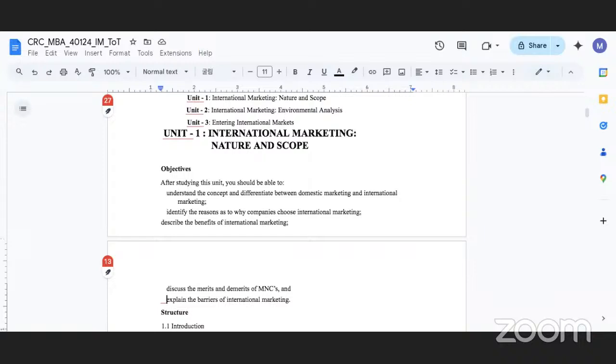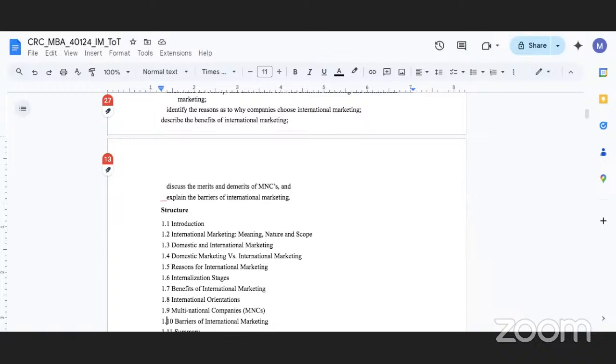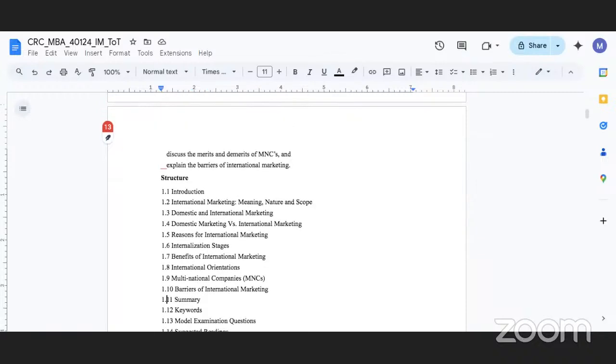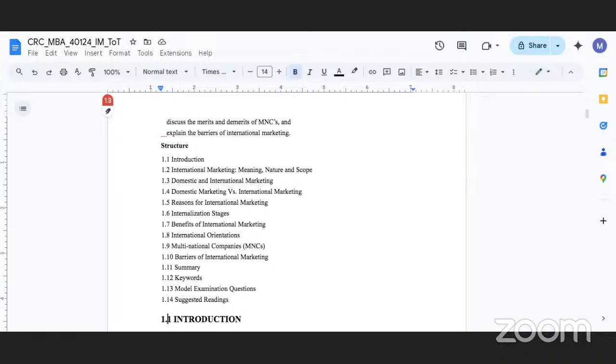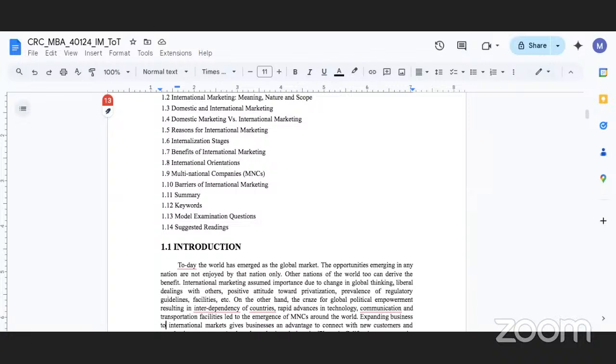So while you are studying this unit 1, you need to first understand what are the objectives of this unit and how the structure is outlined before we go into the details. So while I'm scrolling through both the objectives and the structure, let us go to the first aspect of unit 1, that is introduction.